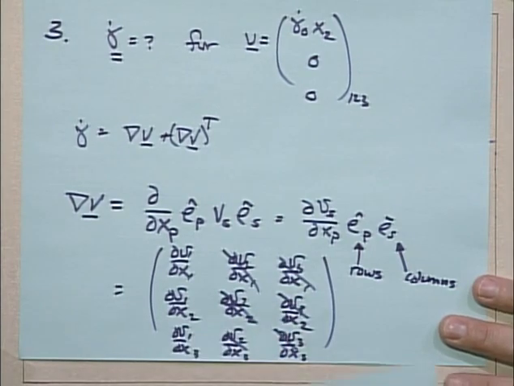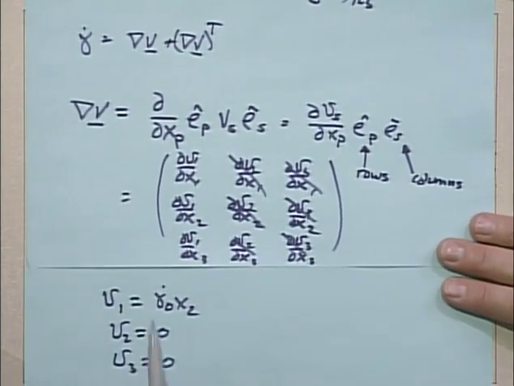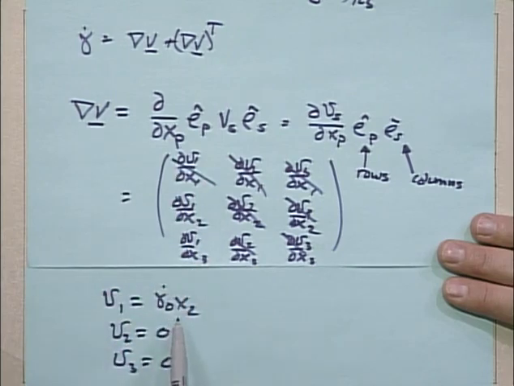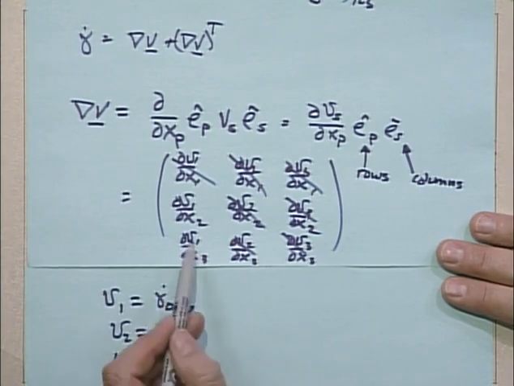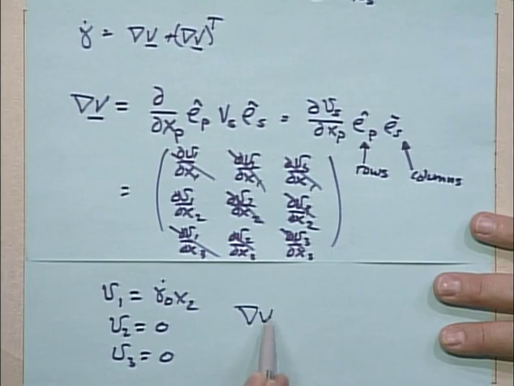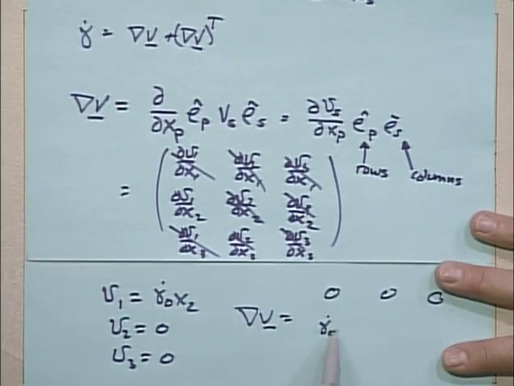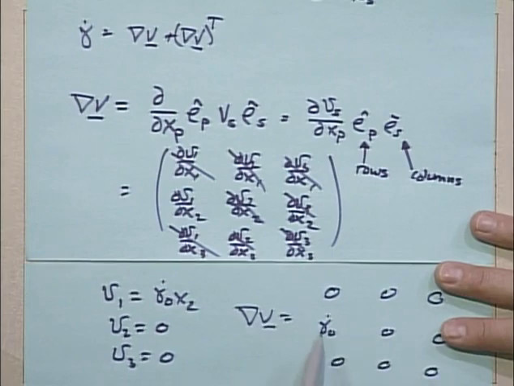What's dv1 dx1? You see any x1s? So what's dv1 dx1? 0. What's dv1 dx2? Gamma dot naught. And what's dv1 dx3? 0. 0. So del v is 0, 0, 0, gamma dot naught 0, 0, 0, 0, 0.